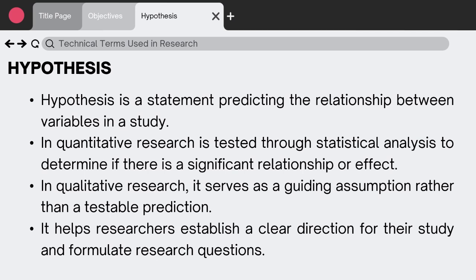In qualitative research, it serves as a guiding assumption rather than a testable prediction. It helps researchers establish a clear direction for their study and formulate research questions. It's like, what do you want to get from your study? Do you want the positive result or the negative result? So you predict or assume what could be the result to guide you on what you want to address in your study. So here is an example of a hypothesis.